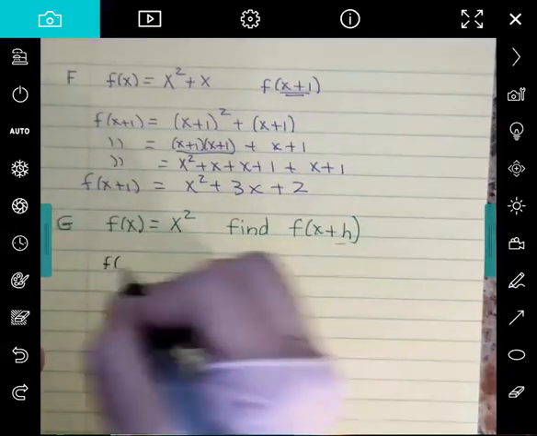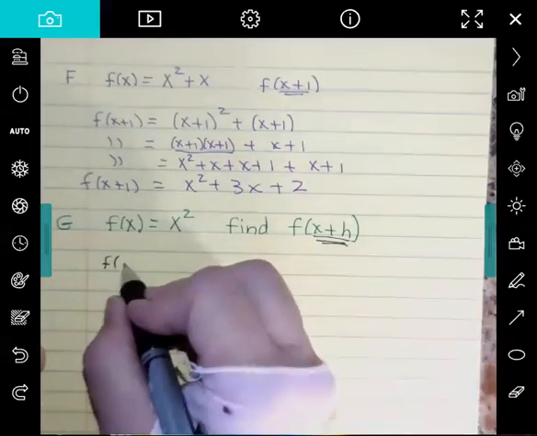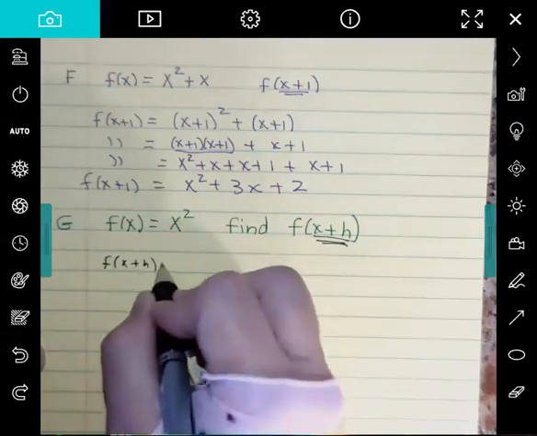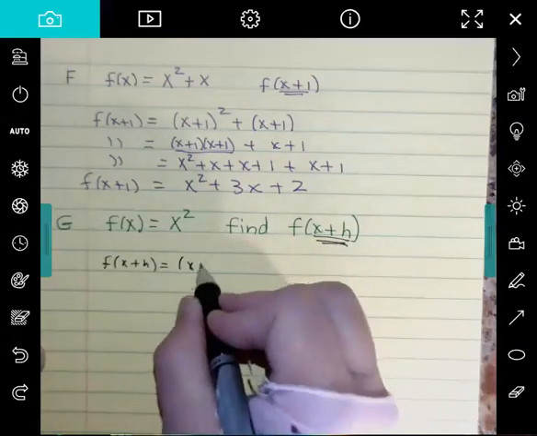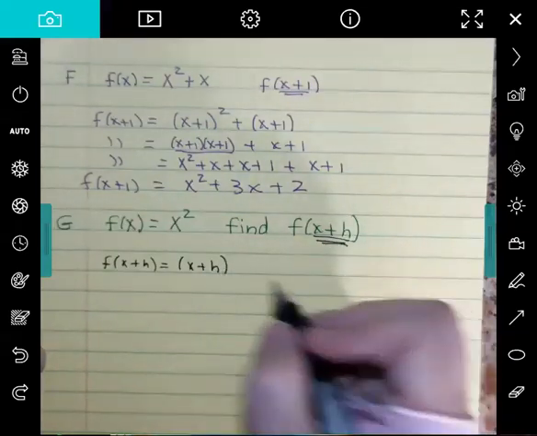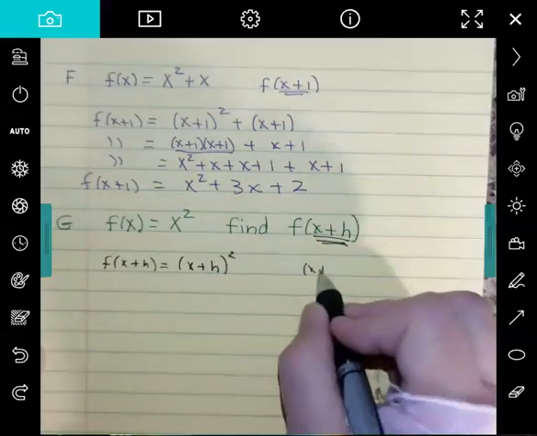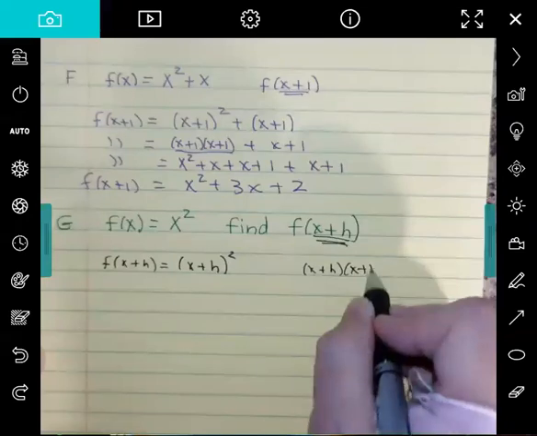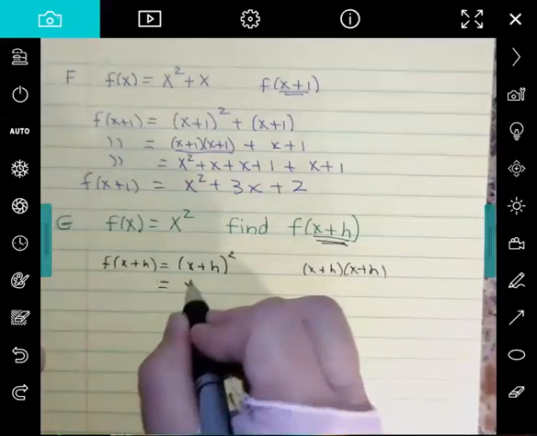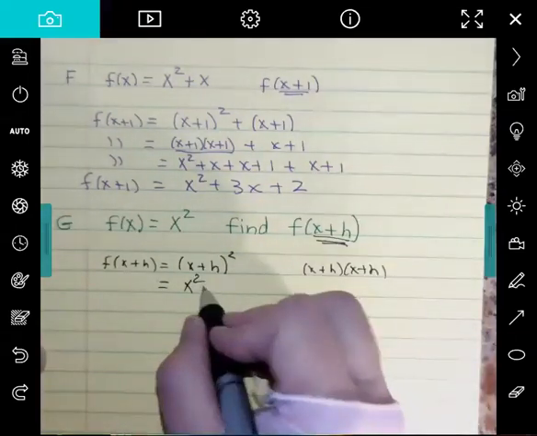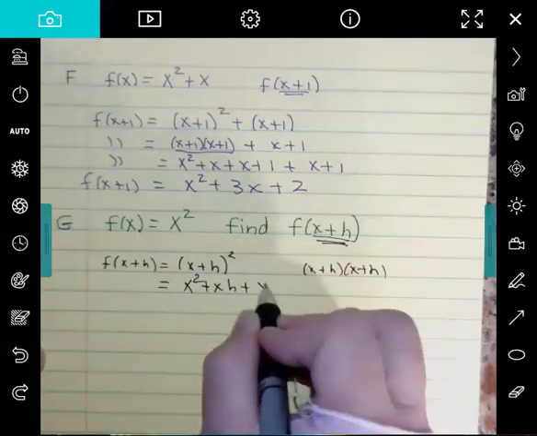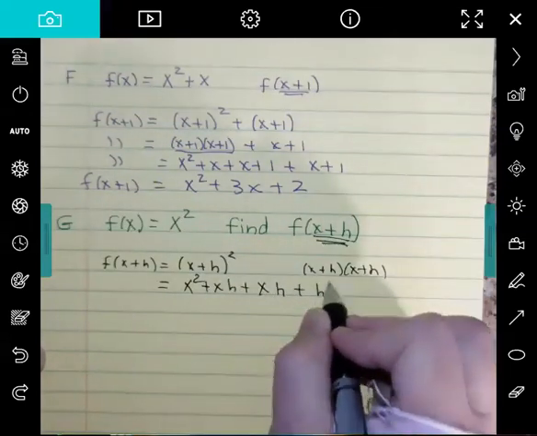So in place of x, I put this. That's x plus h times x plus h. All right, so that's going to give me x squared plus xh plus xh plus h squared.